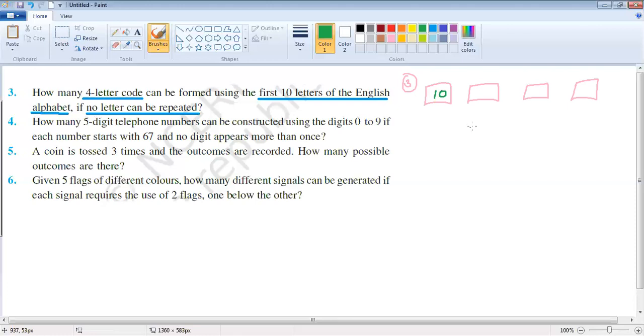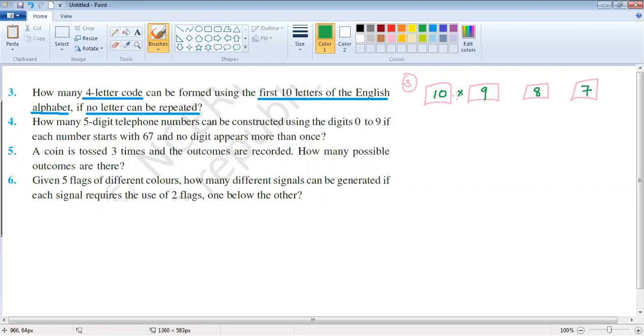The second letter can be filled in 9 ways because we can't use the letter again. No letter can be repeated. The third letter in the chord can be filled in only 8 ways because 2 letters are already used. And the fourth letter in the chord can be filled in 7 ways.